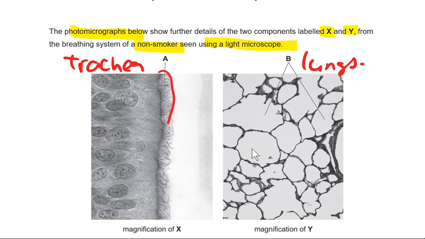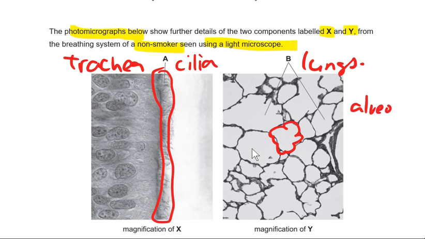And you can see right here, structure A, the very hair-like structure, that is your cilia. And over here, these ones, that's the airspace, and this refers to our cauliflower looking things, which are our alveoli.